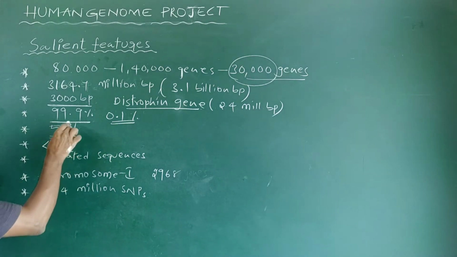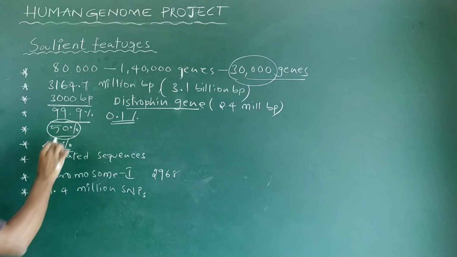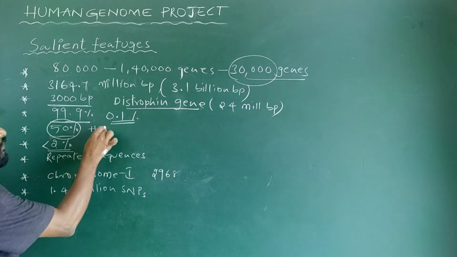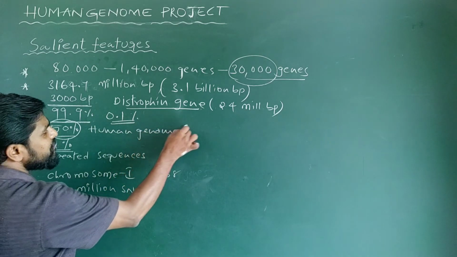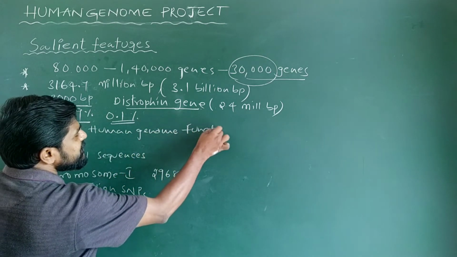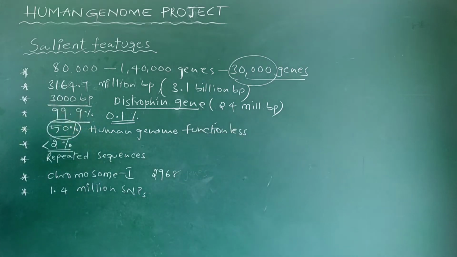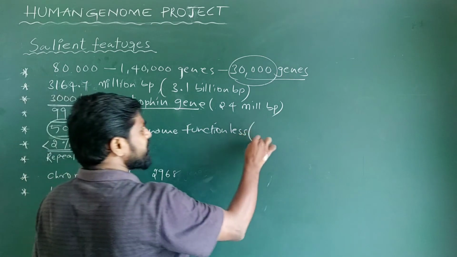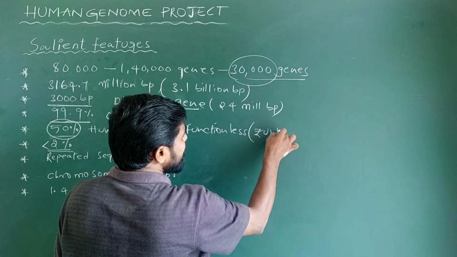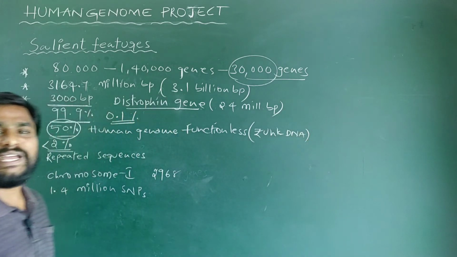Among all the sequenced DNA of human genome, about 50% of human genome is functionless. Functionless means non-functional DNA. This non-functional DNA of about 50% is otherwise called junk DNA, which does not involve in the synthesis of any structure.